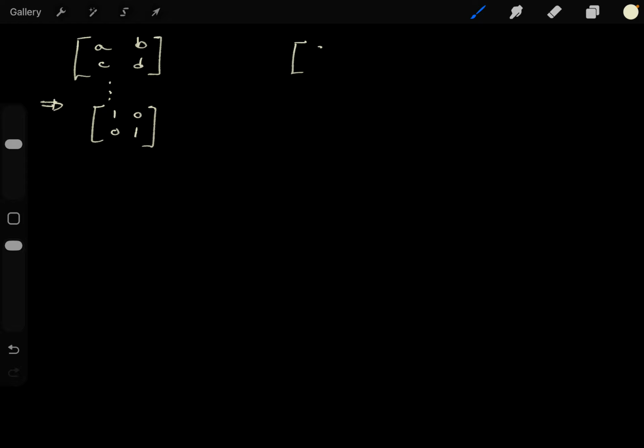So what I'm going to do is I have this, and then I'm going to have the identity on the other side. And that's going to keep track of everything that I do. So I want this A to be a 1 to start. So I'm going to multiply everything by 1 over A. And that's going to be 1, B over A, and then this is going to be 1 over A, and then this is 0.